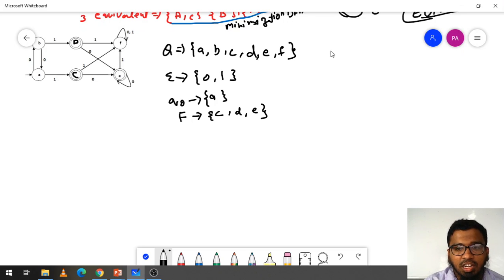What is the transition table for this? Transition table, 0, 1.